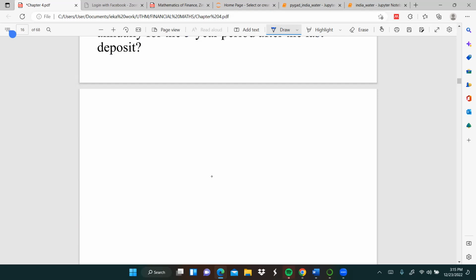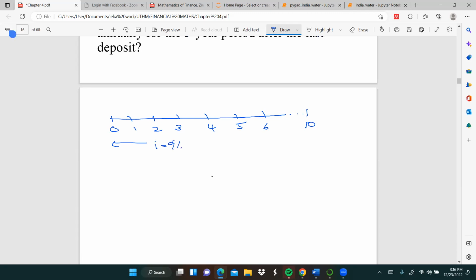Okey, kosong, satu, dua, tiga, empat, lima, enam, sampai tahun ke 10. Okay, sampai tahun ke 10. Okay, so untuk 4 tahun yang pertama, kita akan dapat I sama dengan 9%.